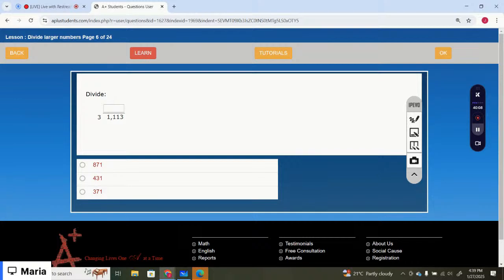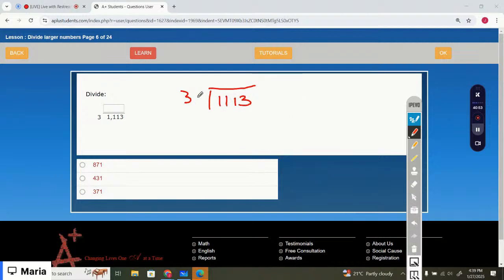The next one is 1113 divided by 3. Which is the correct option? 1113 divided by 3.